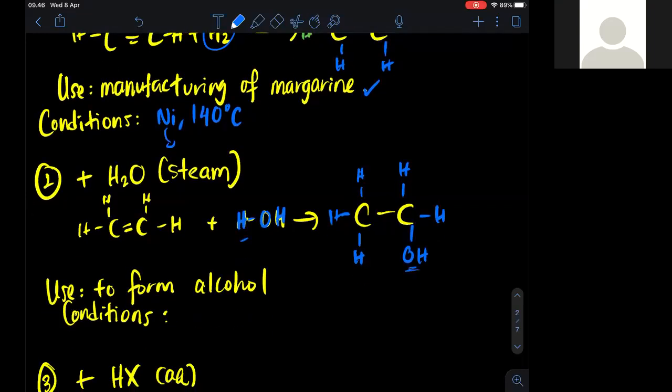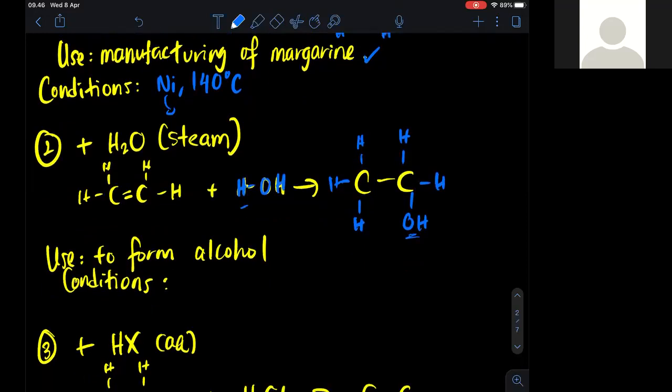You can see alcohol. So the conditions, Jody, can you actually tell me the conditions for this? What are the catalysts? What is the temperature? What is the pressure?